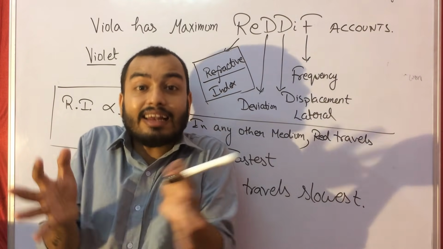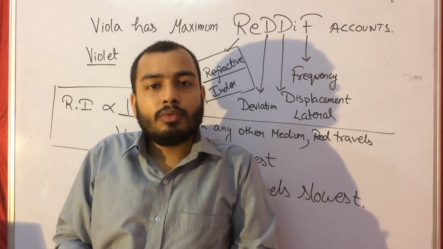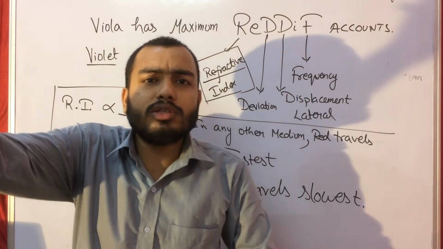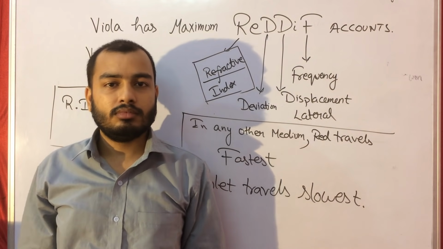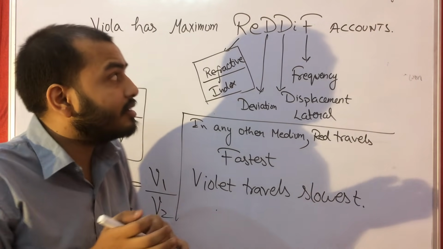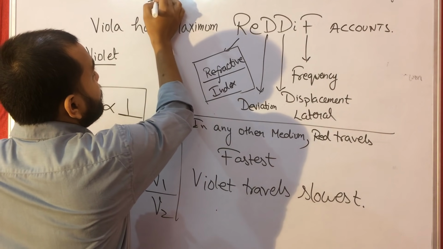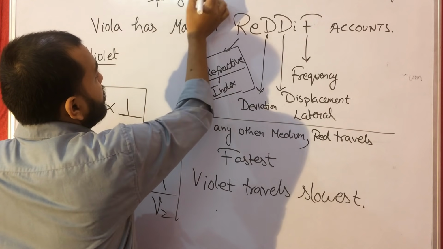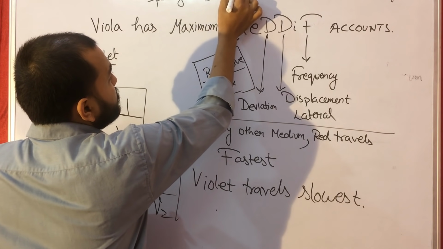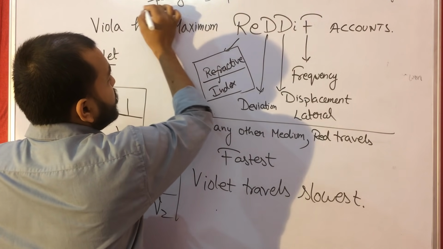Now these colors split up. They are no more a single color. Violet goes in some direction, red goes in some direction, and you can see all the colors different. Now this splitting is what we call dispersion.